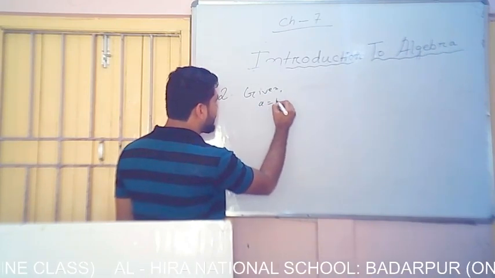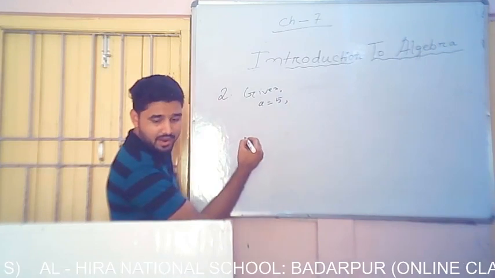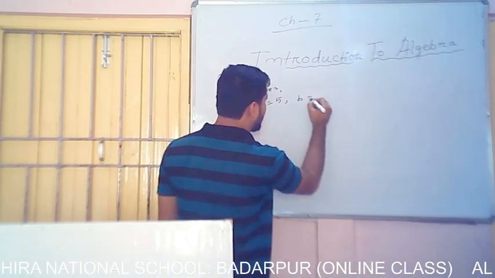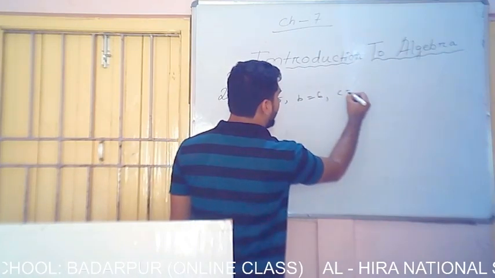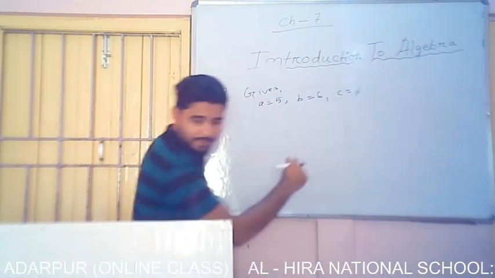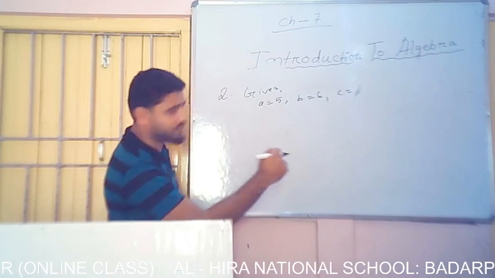a equals 5, comma b equals 6, and c equals 10.